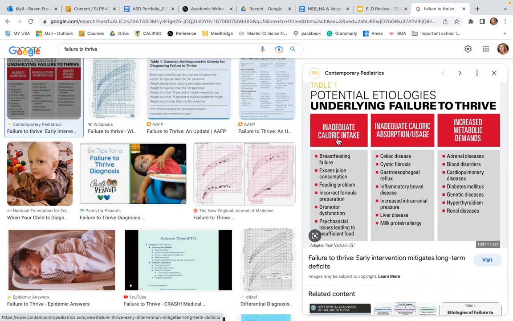So maybe they're not getting enough calories. Maybe their body is just not absorbing those nutrients and calories and being able to use them properly. And maybe they have some type of disease or condition, like the same thing with the absorption, where their metabolic demands are higher and their body is just out of whack.